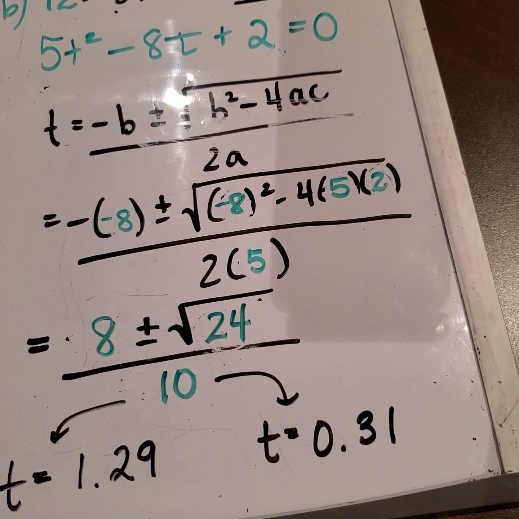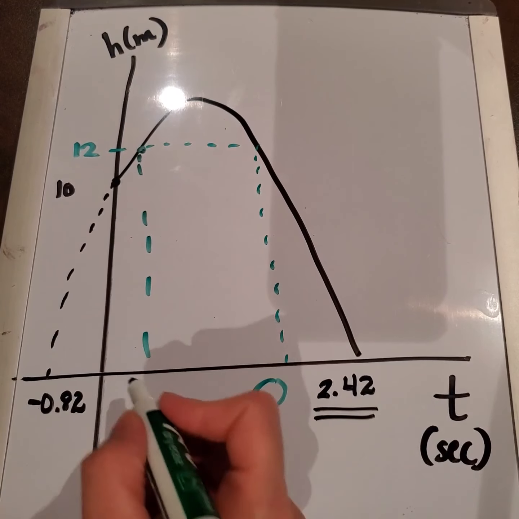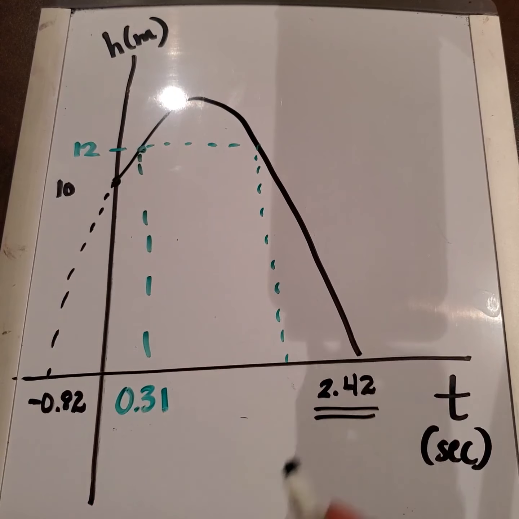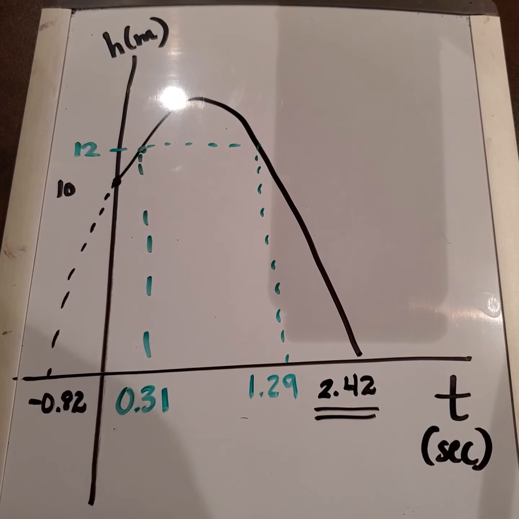Both are feasible, which makes perfect sense, because as I said a second ago, this object is going to reach a height of 12 meters once on the way up at 0.31 seconds and once on the way down at 1.29 seconds. Okay?